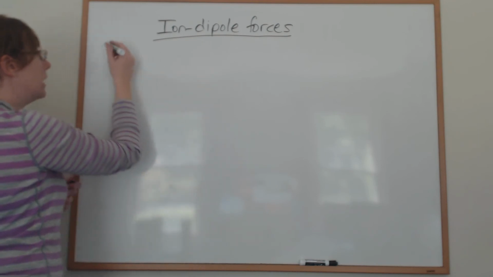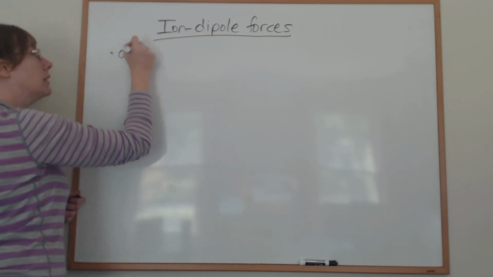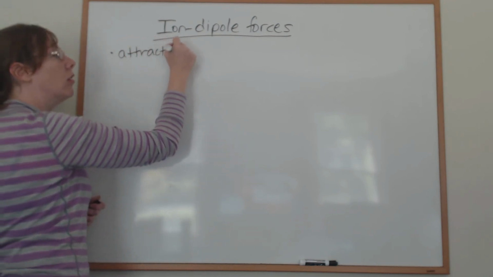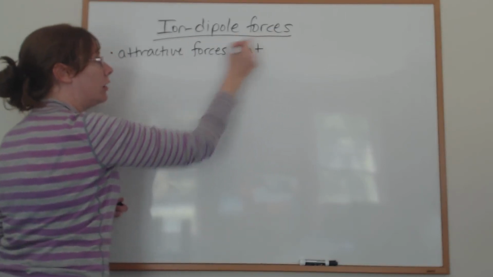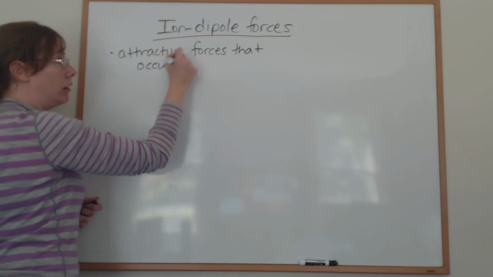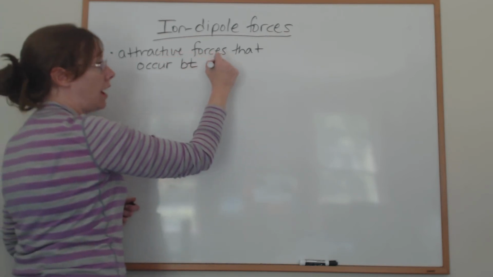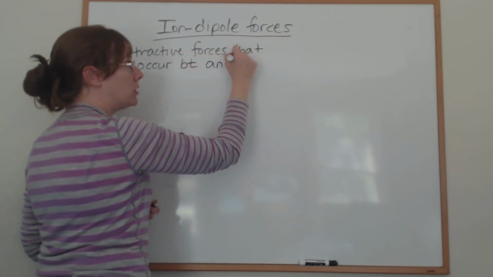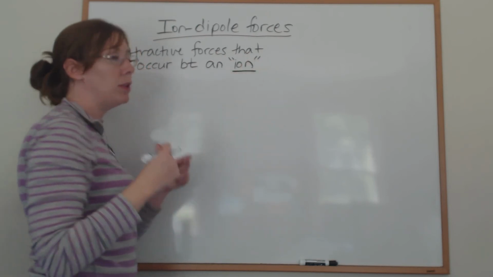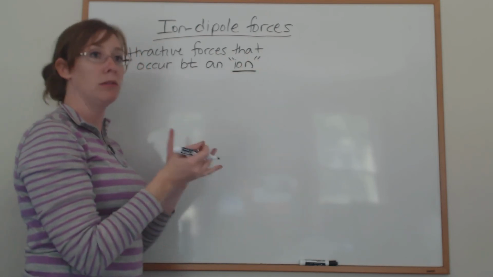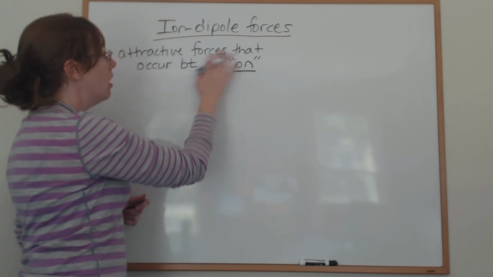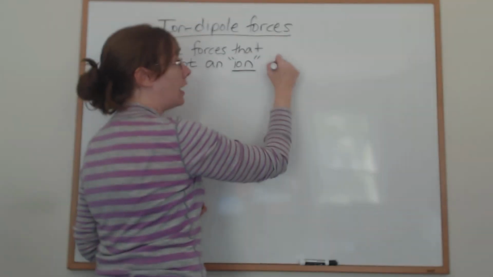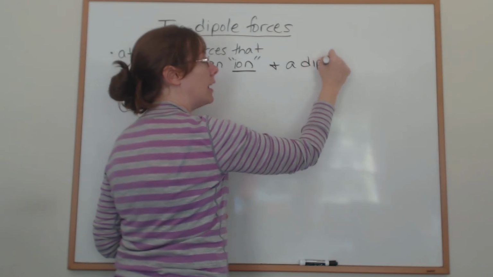These are the attractive forces that occur between an ion, which of course is just a charged particle, but it will have a full charge, +1, -1, +2, -2, cation or anion, it could be either, that occur between an ion and a dipole on a neighboring molecule.